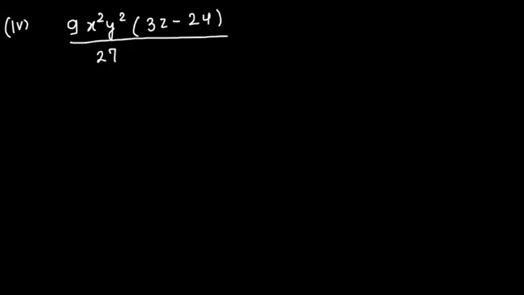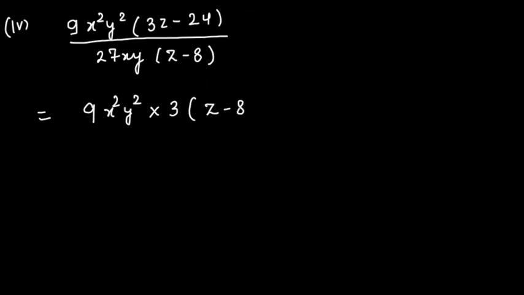Fourth part: 9x square y square, then you have 3z minus 24, which you have to divide by 27xy and z minus 8. Now this will be 9x square y square. What can be common from the numerator? It is 3. I am left with z minus 8 because 3 8s are 24.